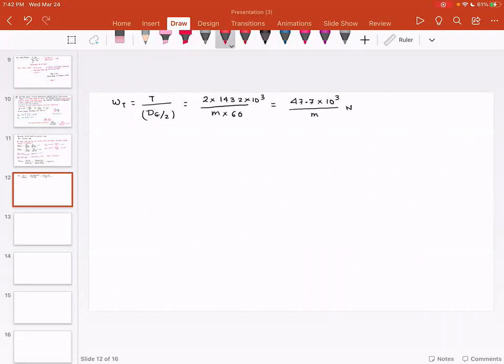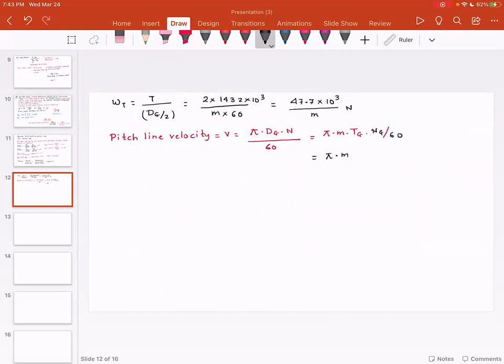Next thing is the pitch line velocity, which is equal to pi times dg times ng divided by 60.